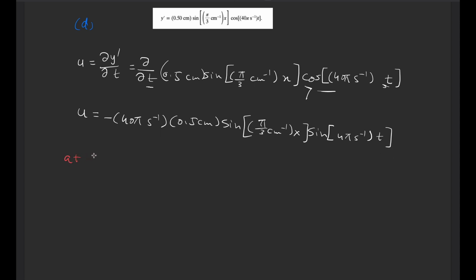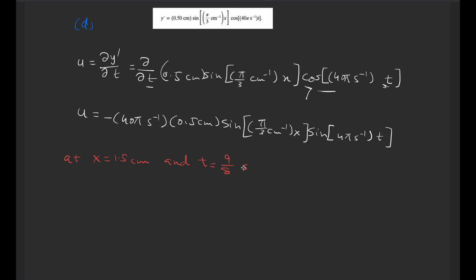So now we have to find u when x is equal to 1.5 centimeter and time is equal to 9 by 8 second.